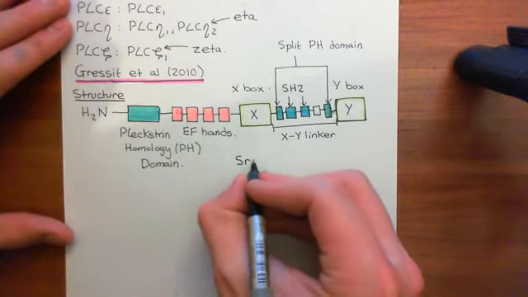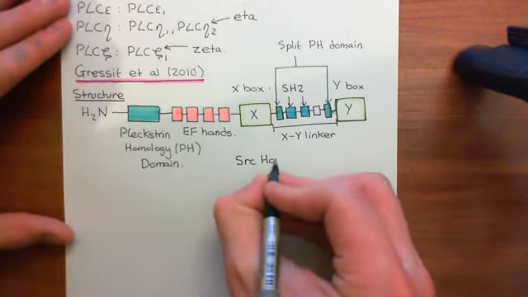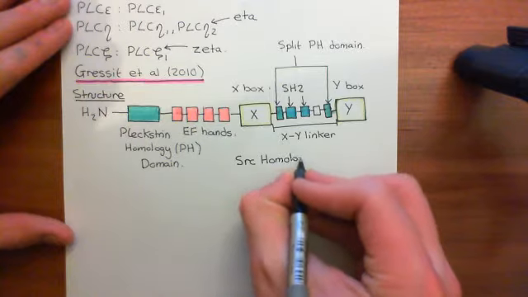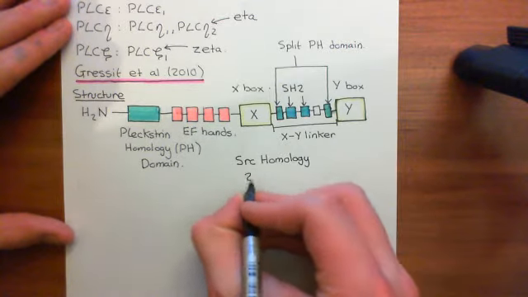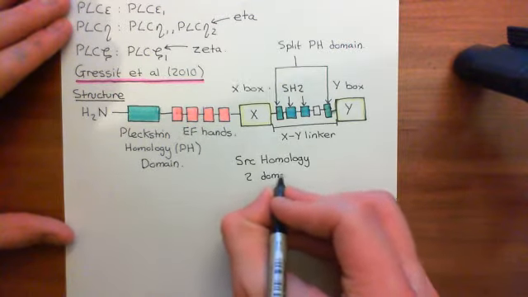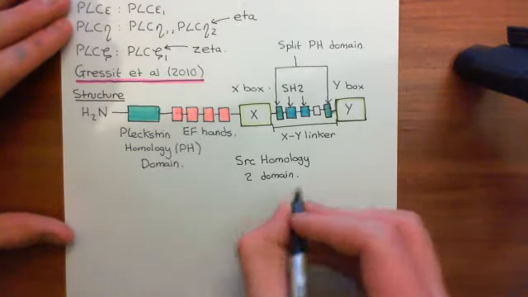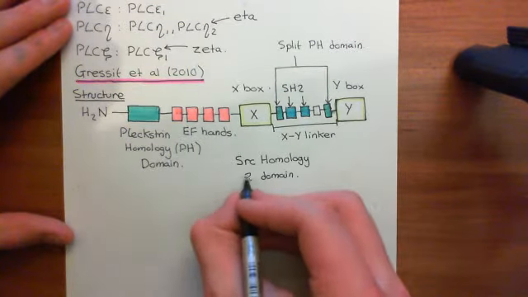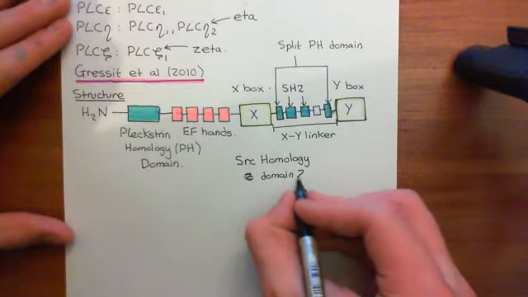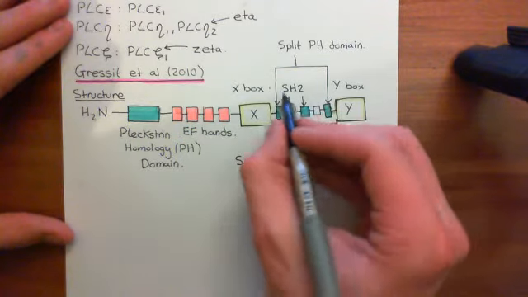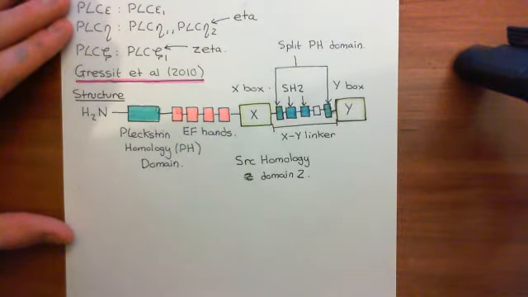Well, SH2 stands for Src homology domain 2, or rather Src homology 2 domain, if you like. Probably better to call it Src homology domain 2. So the S is for Src, the H is for homology, and the 2 is for 2.